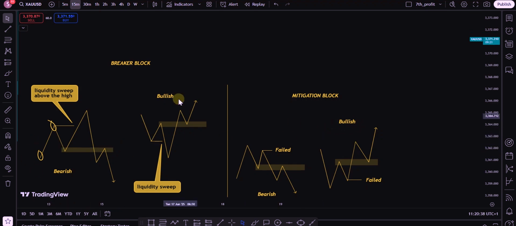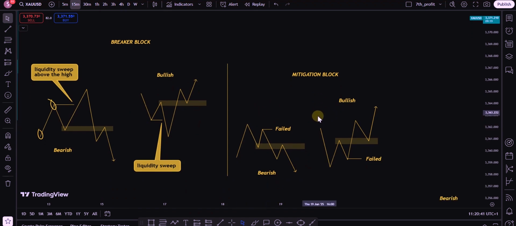So all the same steps I said in the breaker block apply when you are trading a mitigation block. You understand? Same steps. But the major difference between a breaker block and a mitigation block is this: a bearish breaker block is associated with a liquidity sweep above the high, forming a higher high before the market shifts to the downside.